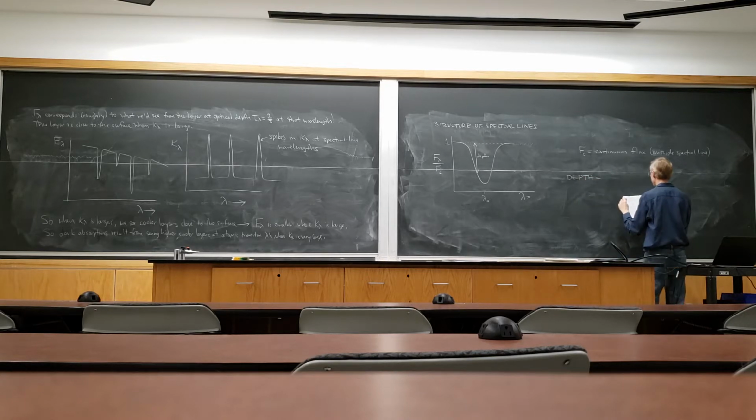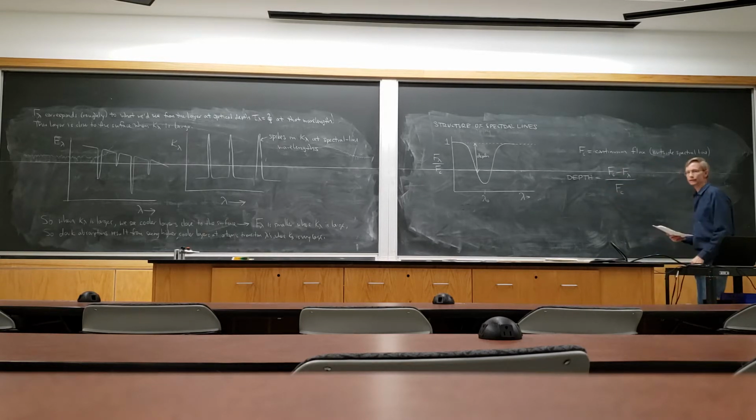So the depth is the continuum flux minus F lambda, divided by the continuum flux. That's what I illustrated there. So it's 1 minus F lambda over Fc.